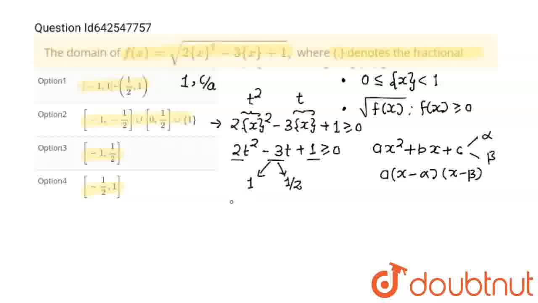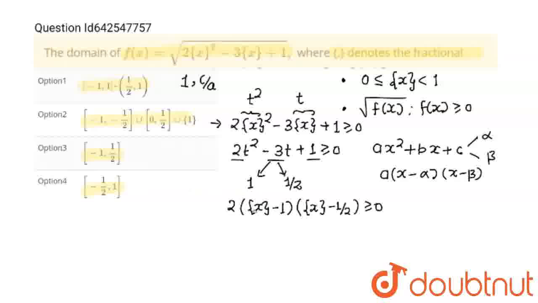So this will be 2 times t minus 1 and t minus 1 by 2, and here you can see t is fractional part x. So it is fractional part x minus 1 and fractional part x minus 1 by 2, and this is greater than or equal to 0.